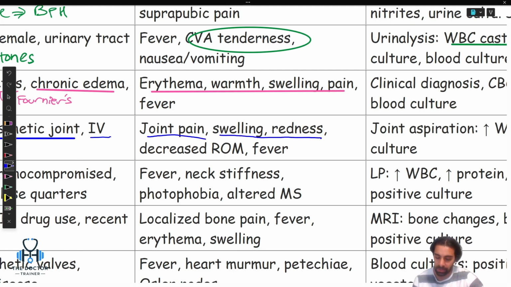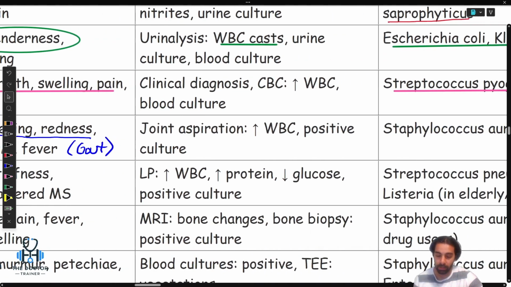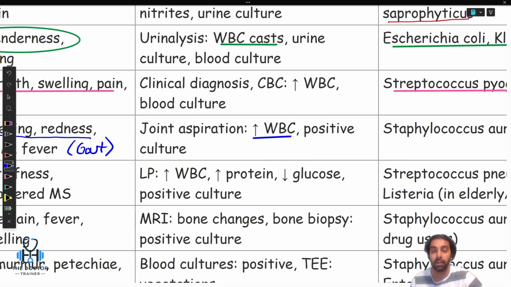Something else that comes to mind is gout. Gout looks very similar. Where the money is to differentiate between gout and septic arthritis is going to be the joint aspiration. Both gout and septic arthritis are going to have elevated WBCs. But if there's a gram stain, that's going to be much more helpful for septic arthritis.